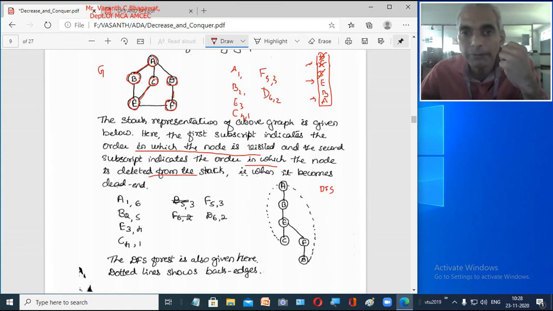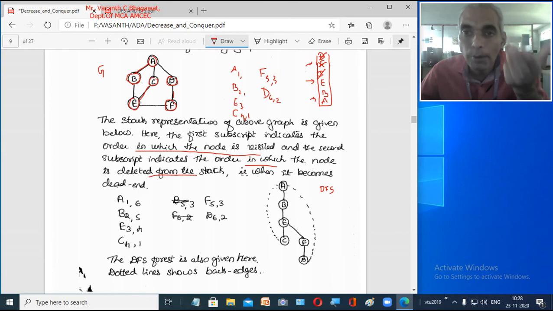So you pop F from your stack. So now the pointer will come back to E. Once you remove F, you backtrack. So you will come to E. And you are at E. Now you check adjacent nodes which are not visited. B is visited, C is visited, F also visited. So you don't have any nodes right now. You have reached a dead end.